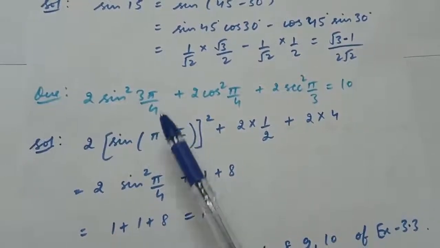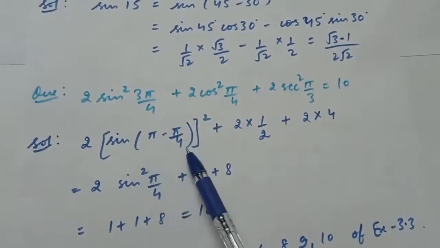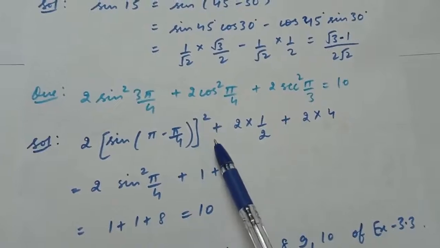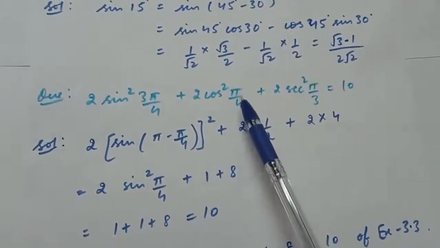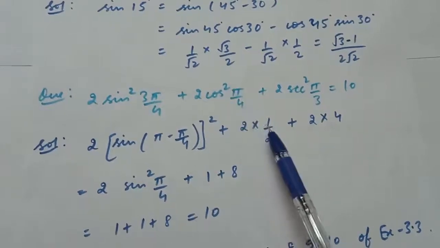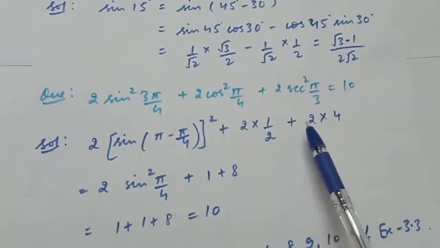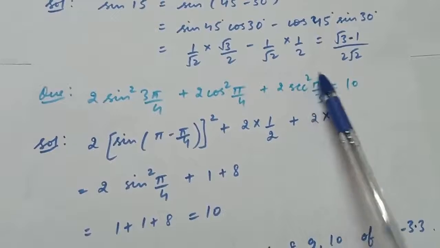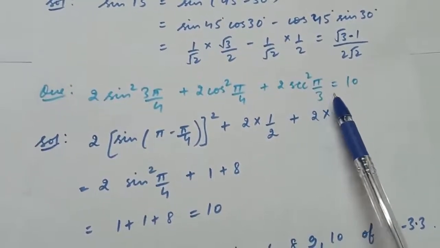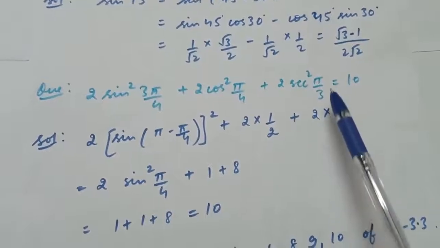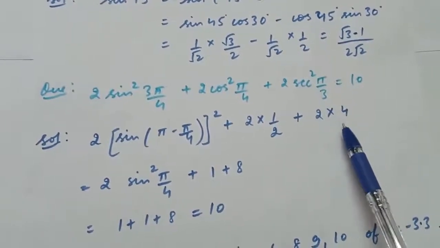Therefore breaking this as pi minus pi by 4 whole square, plus 2 into cos pi by 4 is 1 by root 2, and 1 by root 2 square will be 1 by 2, plus 2 into secant square pi by 3, that is secant square 60. Now secant 60 is 2, so 2 square will be 4, right?